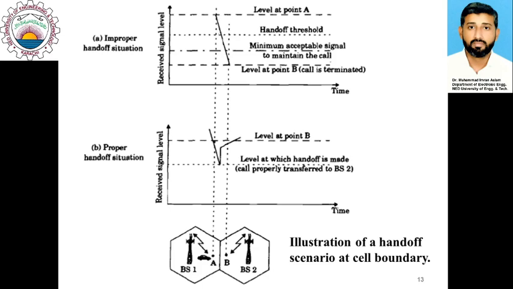For example, let us take the first case, represented by a figure, which represents the improper handoff situation. That means the handoff is not performed, or due to some reason handoff is not completed. What happens? As the mobile user goes beyond the coverage region of base station 1, the power level would drop rapidly.